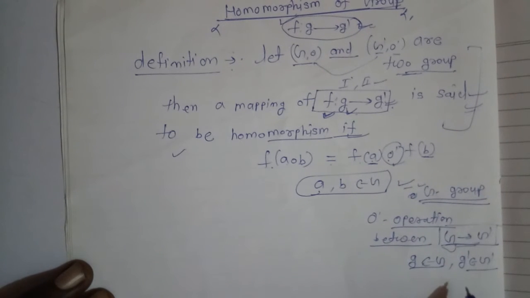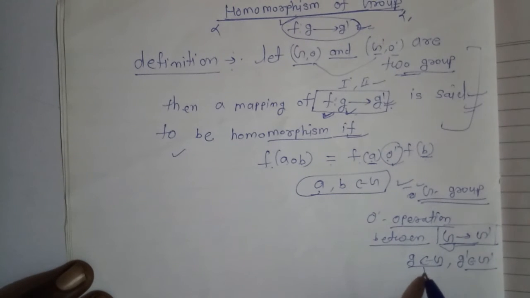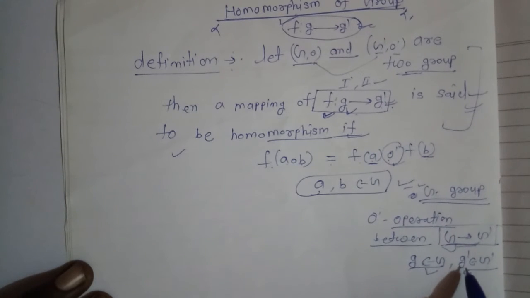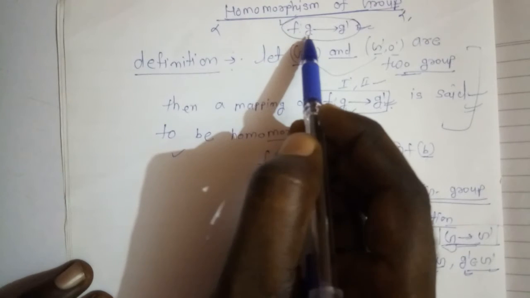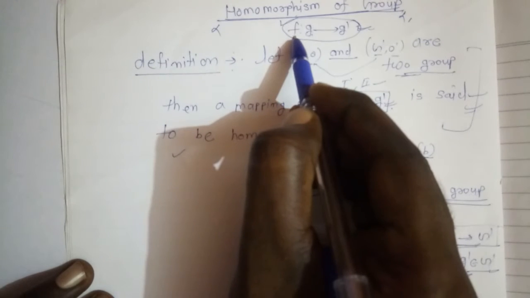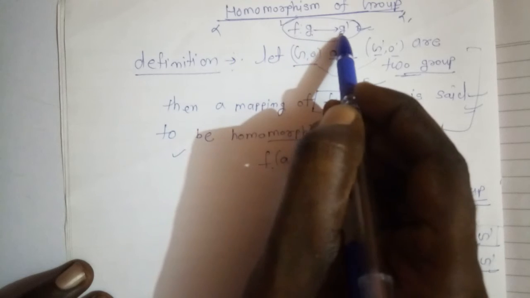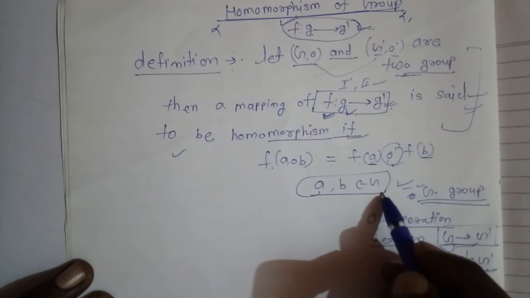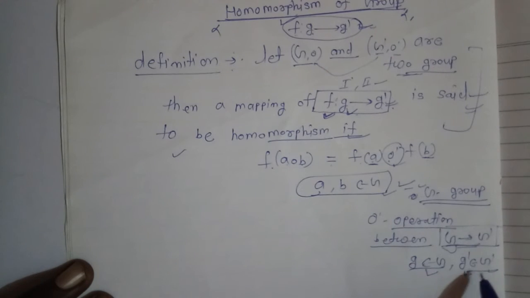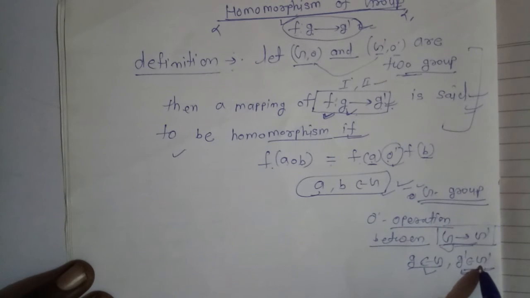Okay students, this is the homomorphism, because f maps G to G', and G' is an element of group G'.